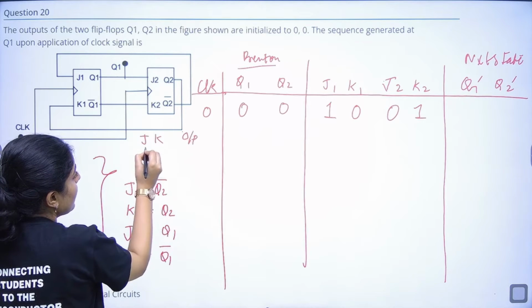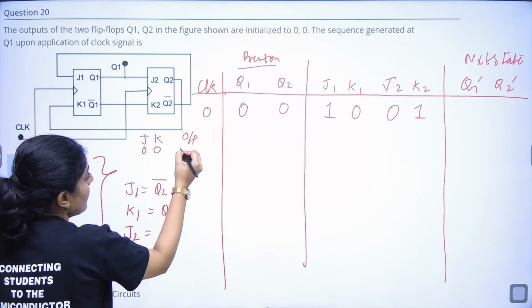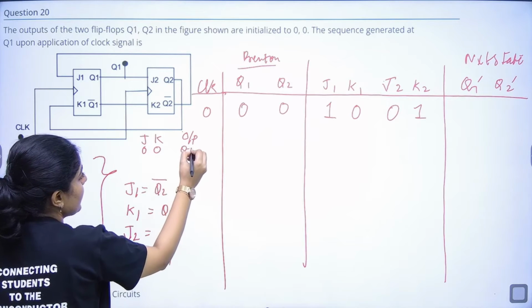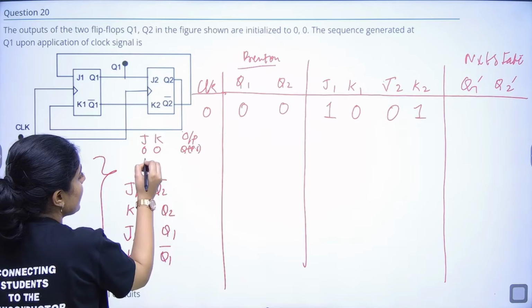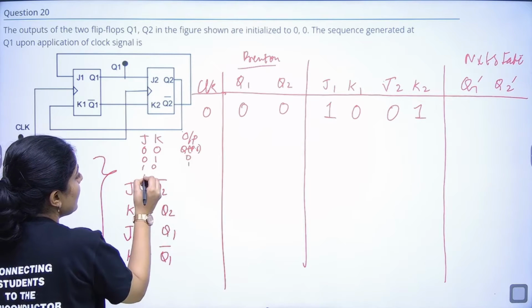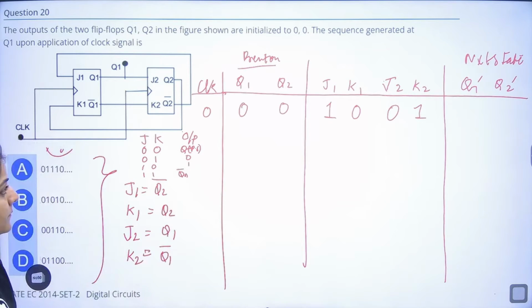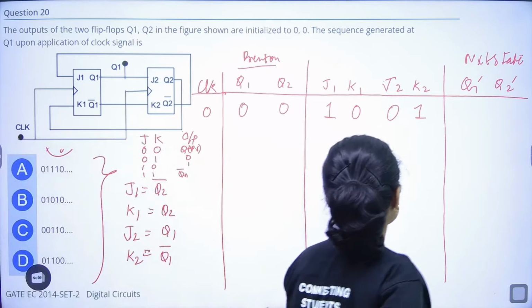If J K are 0, 0, the output should be equal to the previous state Q. 0, 1 will give 0, 1, 0 will give 1, and 1, 1 means toggle, Qn bar. Right?